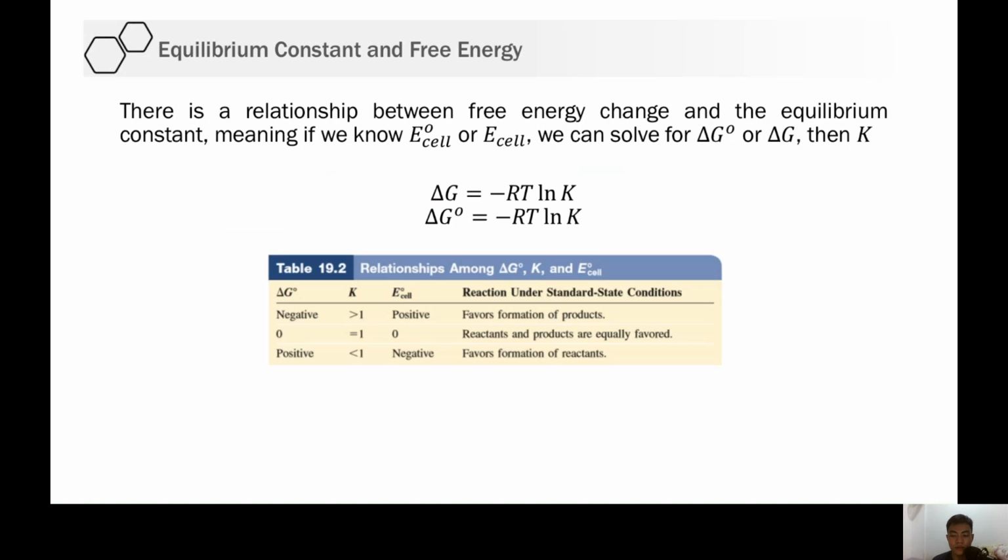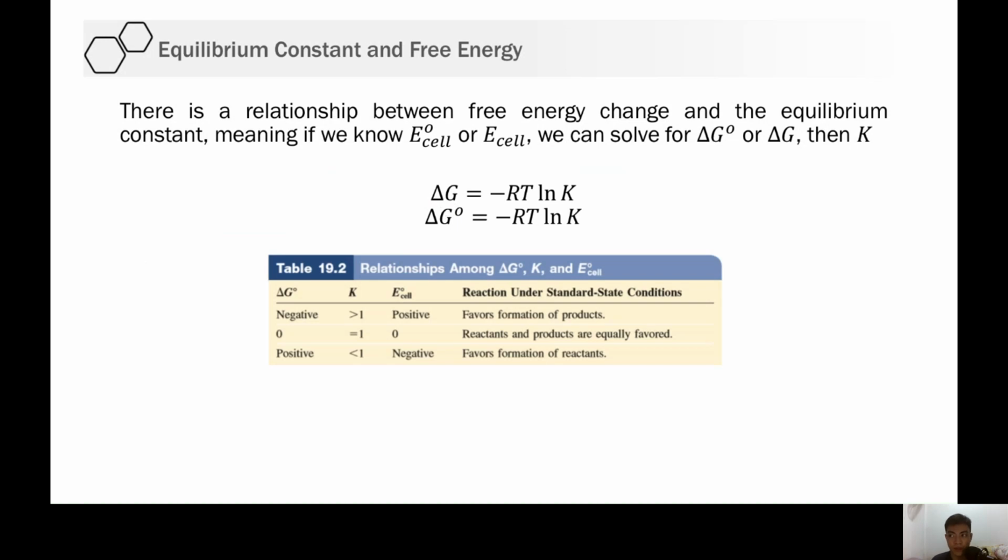Also in thermodynamics, if you still recall your general chemistry, we knew that delta G is related to the equilibrium constant, given the equation delta G equals negative RT ln K. This time it doesn't matter whether it's standard free energy or non-standard free energy.